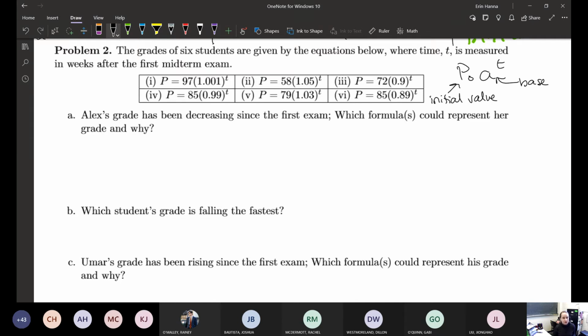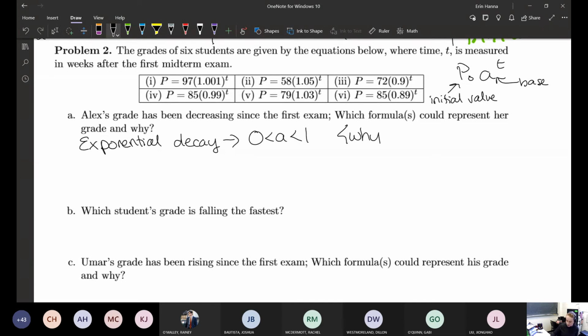Say we're asked, Alex's grade has been decreasing since the first exam, which formula or formulas could represent her grade and why. If we want a decreasing value, we want exponential decay. So we want a to be between 0 and 1.